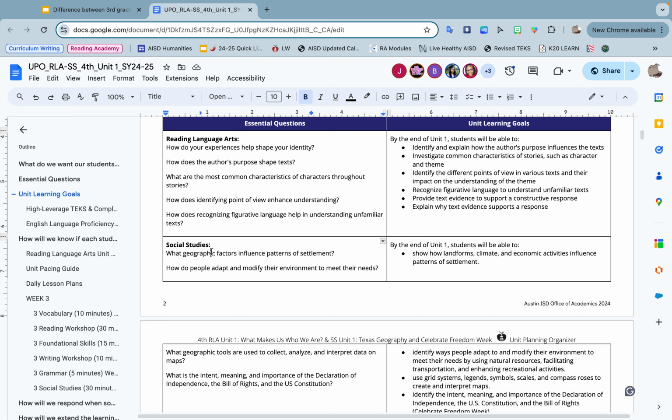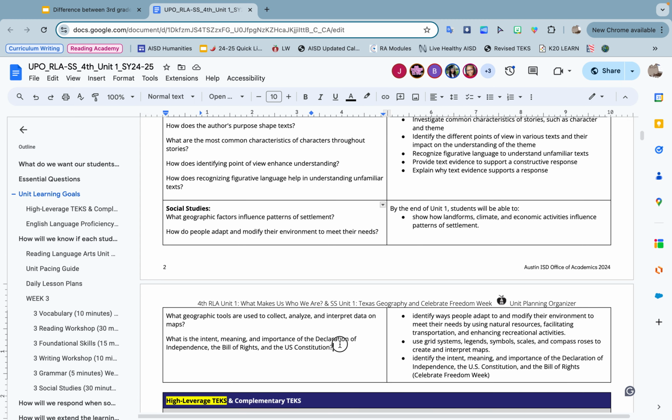So here we see what geographic factors influence patterns of settlement, how people adapt and modify the environment to meet their needs, what geographic tools are used, and then specific to Celebrate Freedom Week, what is the intent, meaning, and importance of the Declaration of Independence, the Bill of Rights, and the U.S. Constitution, which is not really thematically linked to geography, but because it is a mandatory and required observance for grades 3 through 12, it is included in the 3rd, 4th, and 5th grade lesson plans.